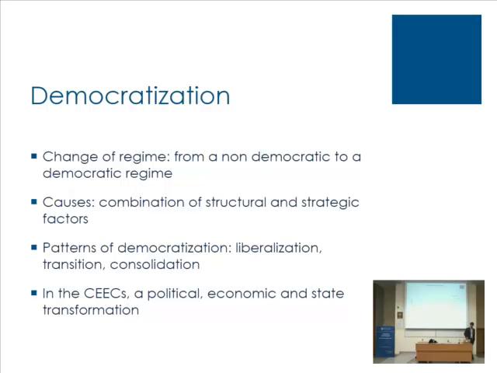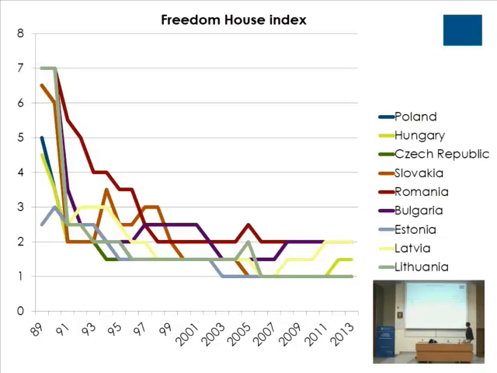Freedom House is an international organization that evaluates democracy using 2 dimensions: political rights and civil liberties. The scale goes from 1 to 8, where 8 is like an authoritarian regime and 1 is a democratic regime.